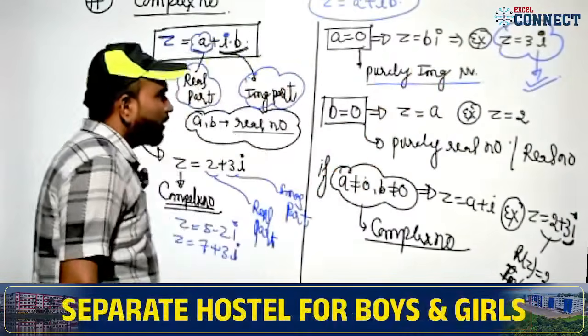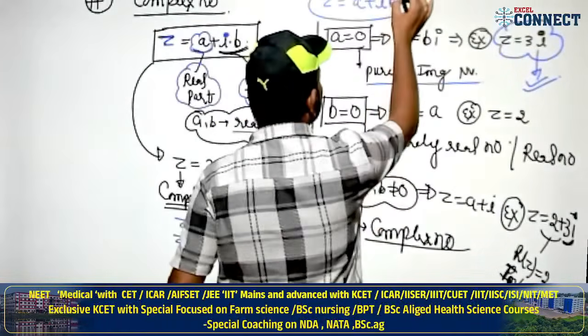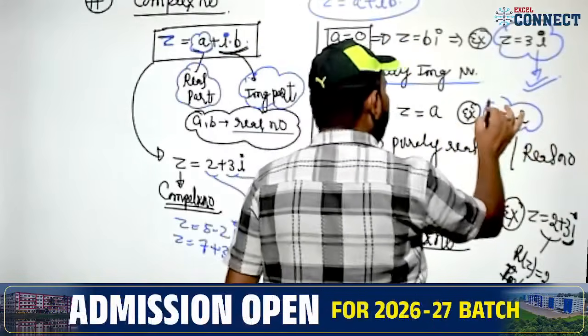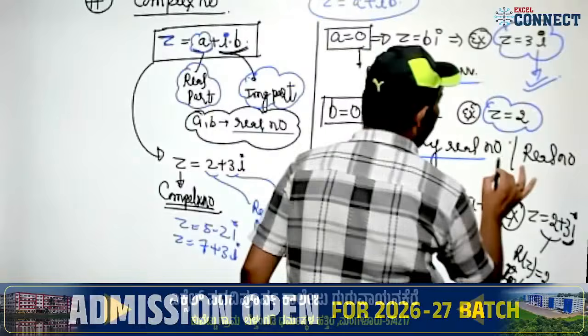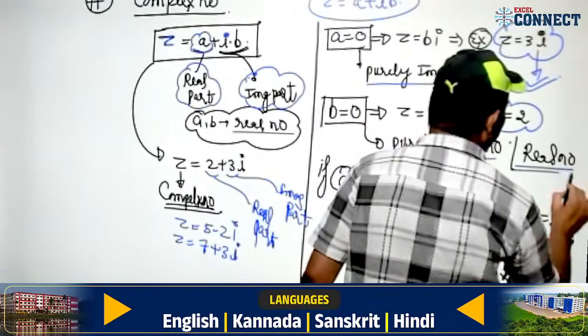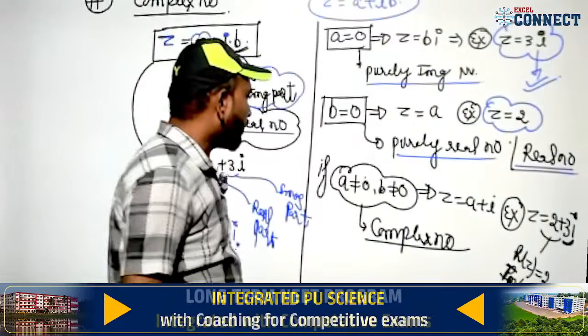Now if b is equal to 0, this portion is 0 and only a remains, so z is equal to 2. We can say it is a purely real number, in which no imaginary portion is there.